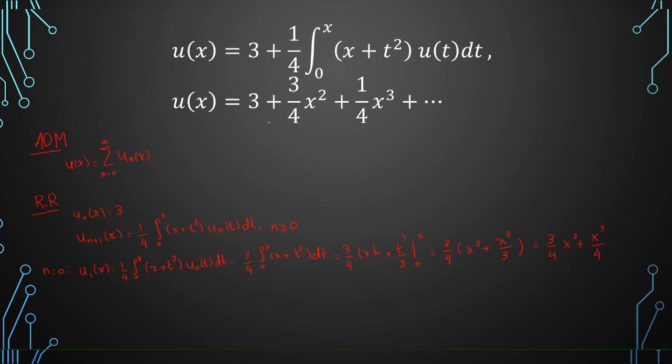These are the first terms of u of x. We get them from u naught and u1, so we can write it like this: u of x is approximately equal to u naught of x plus u1 of x, which is equal to 3 plus x raised to 3 over 4.